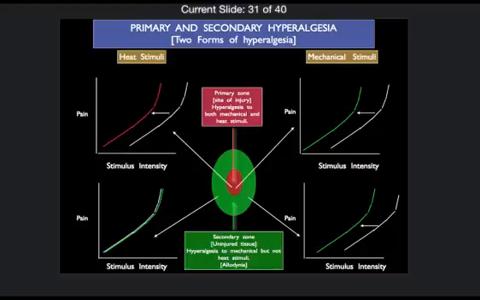So the red is the injured tissue. The green is the surrounding uninjured tissue that will demonstrate hyperalgesia to mechanical but not heat stimuli. The center portion, the point of injury, will respond to both. And that's what these curves indicate.